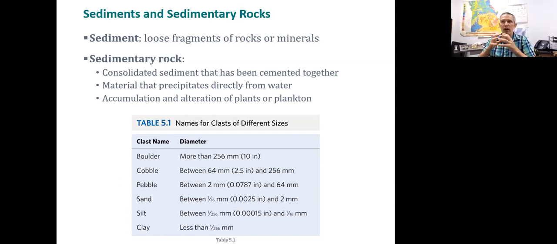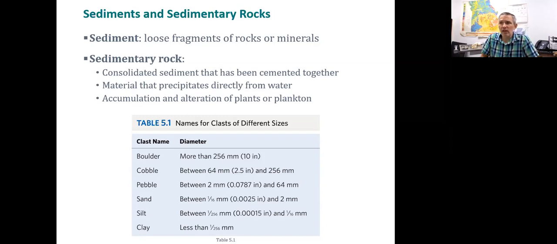Then we have cobbles, about like that, about the size of 2.5 centimeters or so to 10 centimeters. Then we have things that are smaller than 2.5 centimeters, and those are called pebbles. And then smaller than pebbles, we're starting to look at some of these really finer grain materials that are going to be more difficult to see. So we've got sand, silt, and clay.